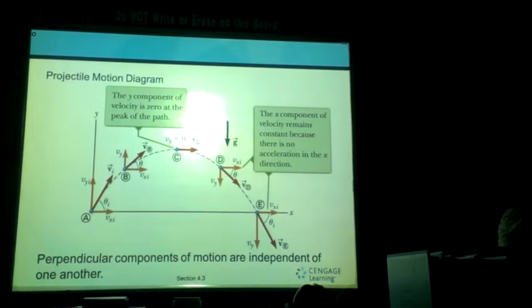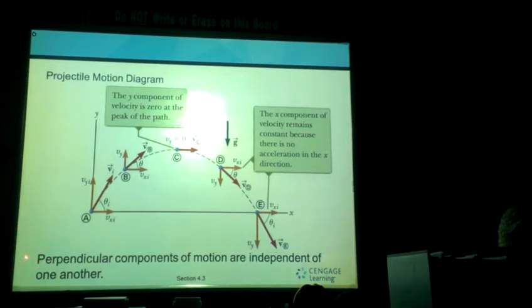So that means whatever initial x component of velocity that I gave that particular object that's in projectile motion, that's going to be the same that I end with. So I began with a specific x velocity. I'm going to end with that exact same x velocity, okay? Because it's unchanged. It's not affected by acceleration due to gravity. So we're going to see that that is going to stay the same all throughout.